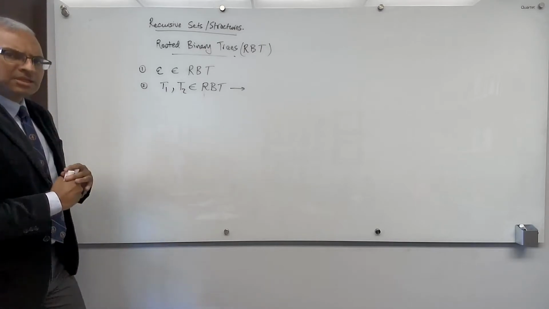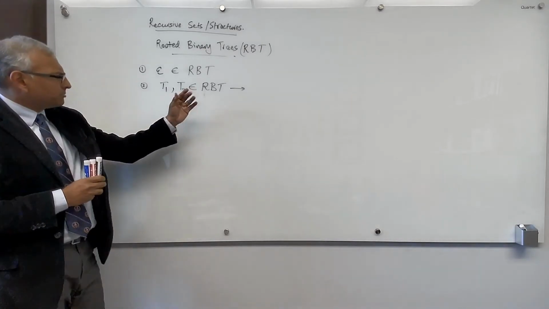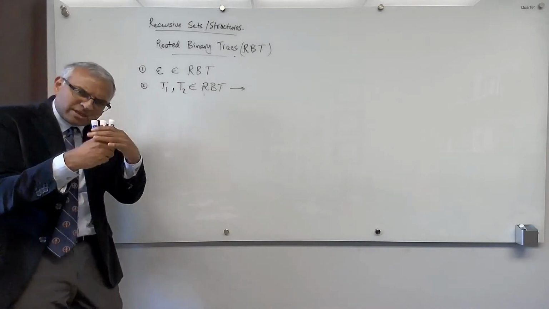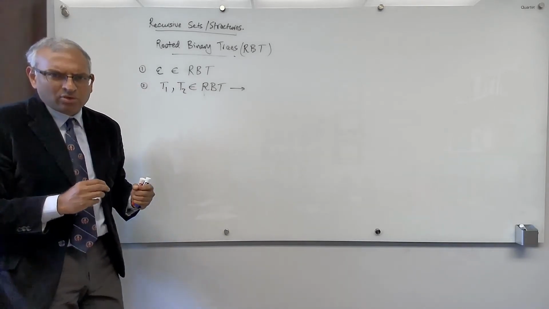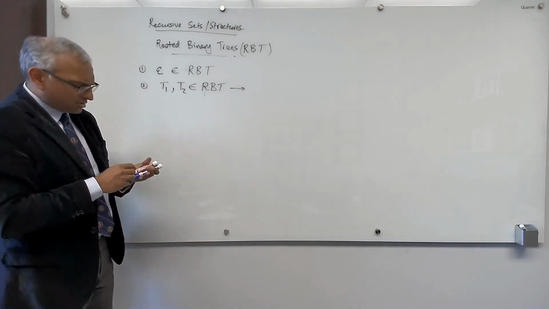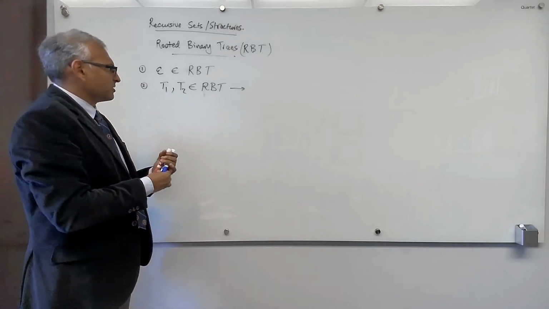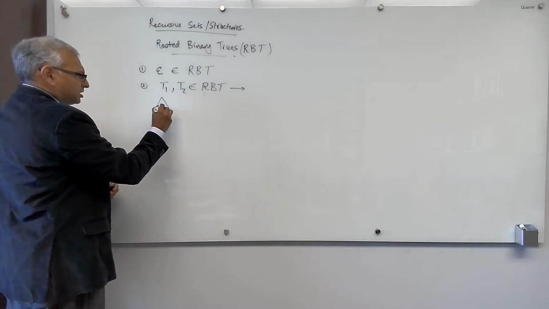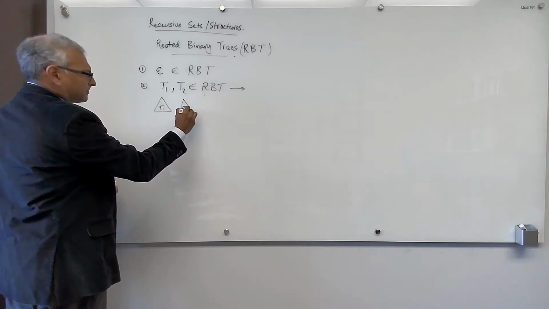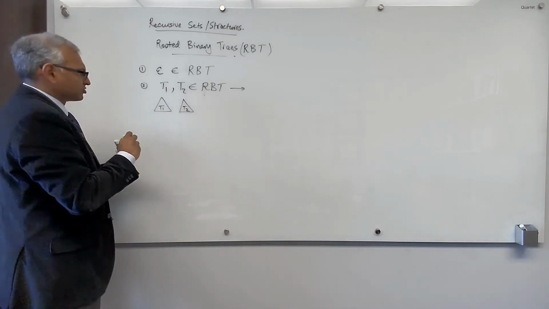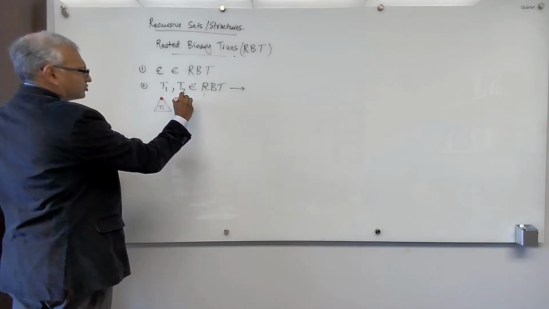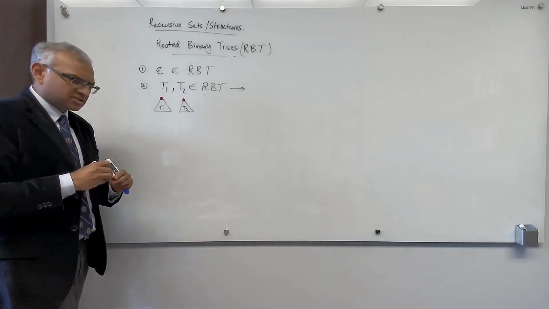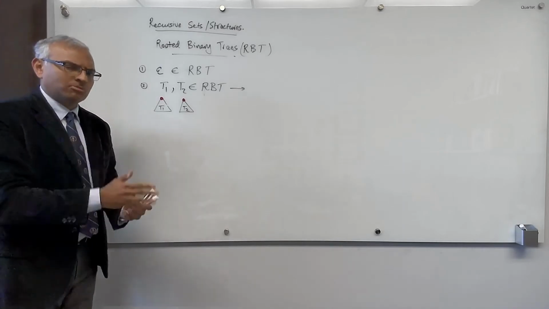So envision in a rooted binary tree that every tree has a special object, which we call the root. Okay, and so these two trees have these special objects which are called roots. So let me draw them like this. So this is T1 and this is T2. Okay, and they each have roots. So you should have seen trees before, so this discussion should be familiar, but now I'm trying to put it into a formal recursive definition.